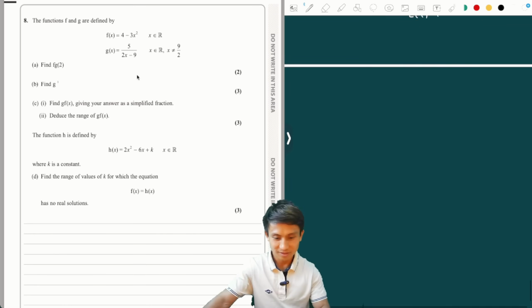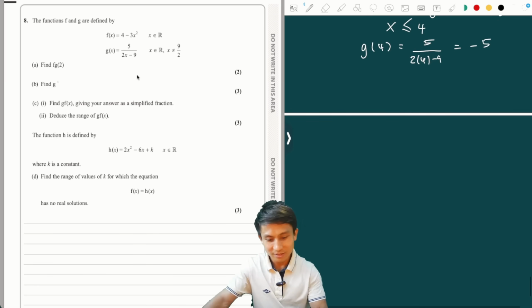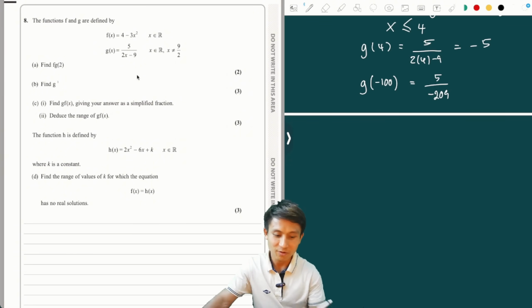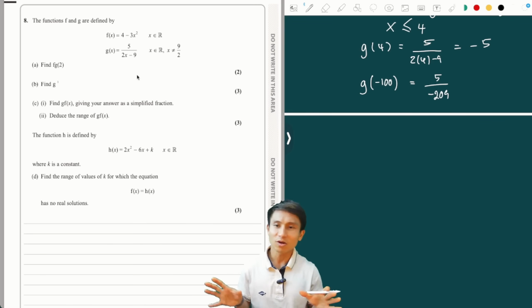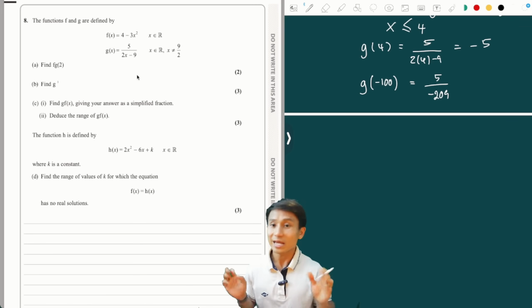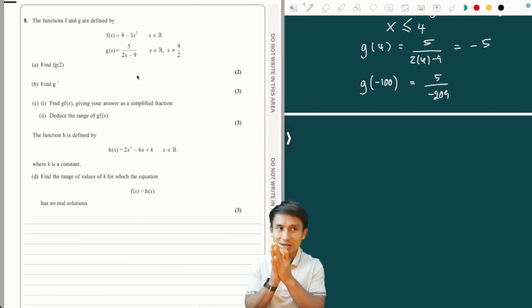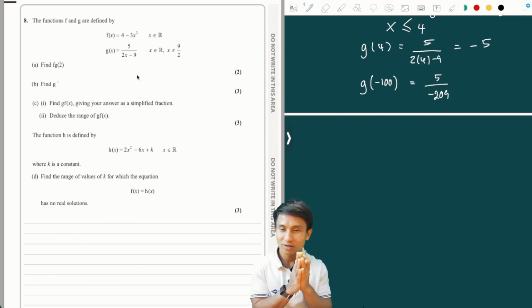So let's do that. If I take g of negative 100, that would be 5 over minus 209, right? And that is a very small negative number, small as in close to 0.